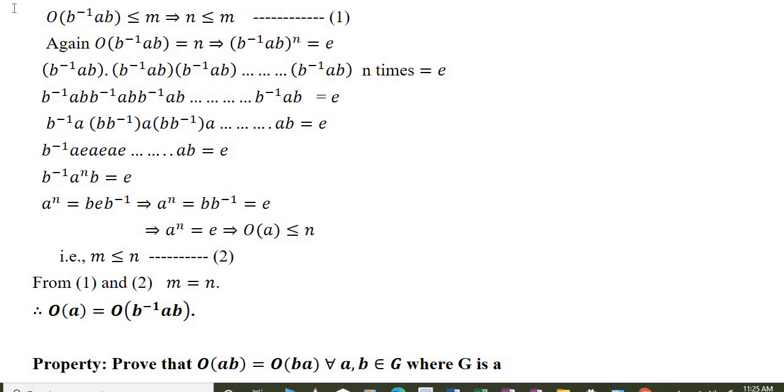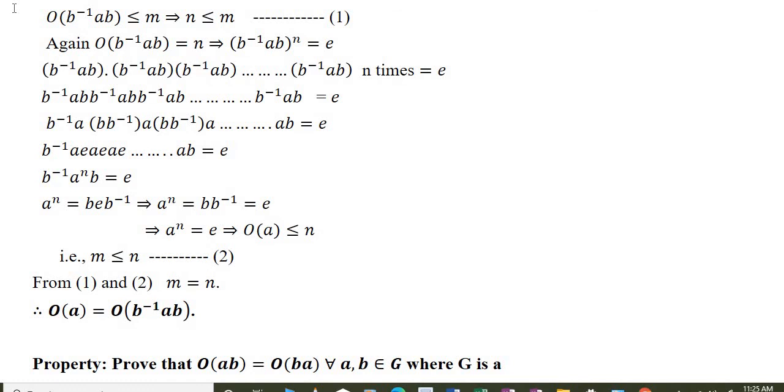So again the same thing: without brackets I write it like this and put brackets around BB inverse, but BB inverse equals E, and A into E equals A. So how many A's do we get? N A's, because here we are doing it N times. That means A power N. Here we get B inverse A power N B equals E.